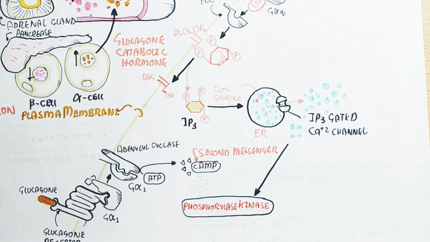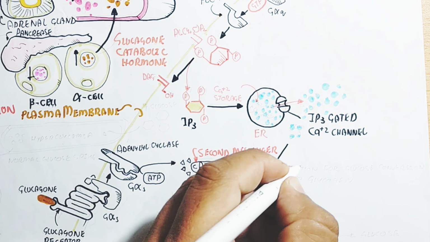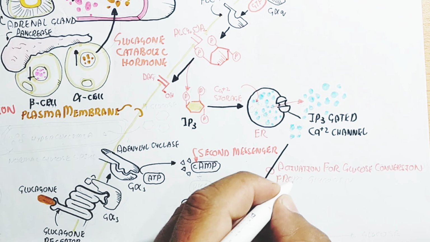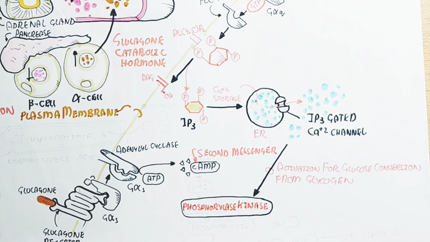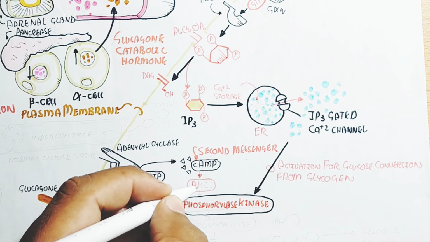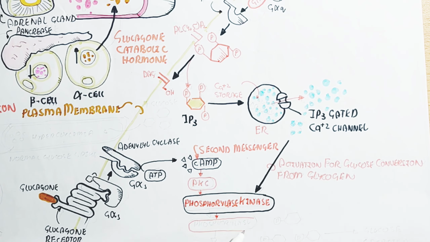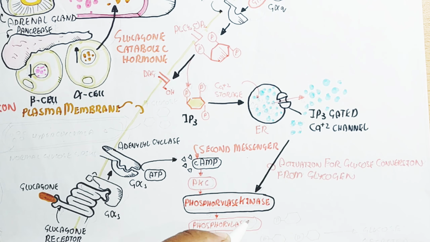On the other hand, the phosphorylase kinase enzyme is activated due to the high level of calcium in the cytoplasm after the efflux from the endoplasmic reticulum. The cyclic AMP also activates protein kinase, and both are responsible for activation of the phosphorylase enzyme.